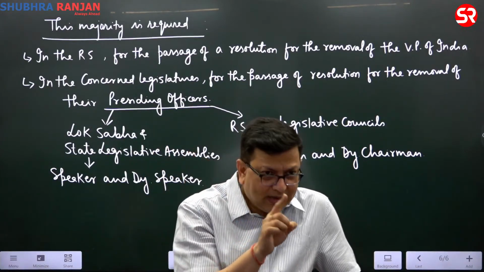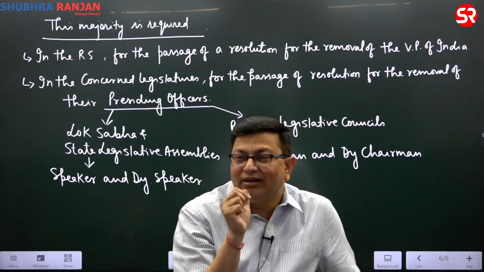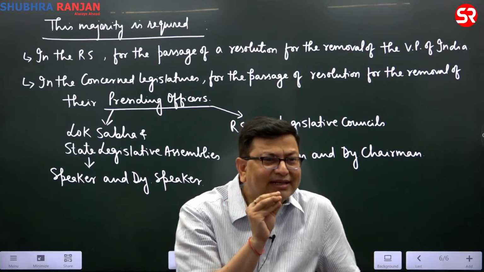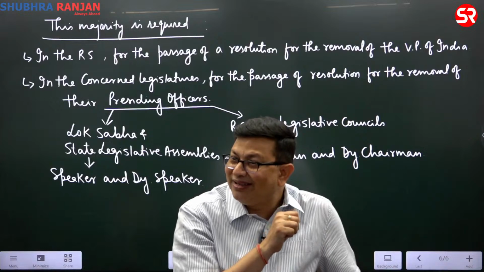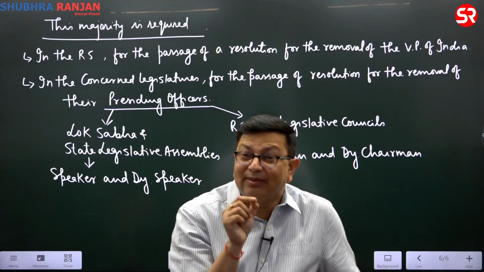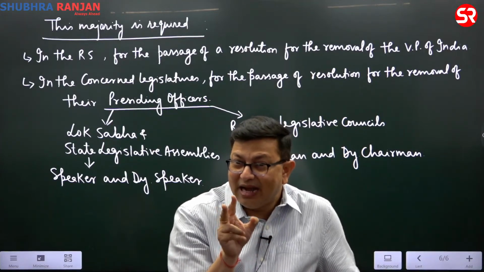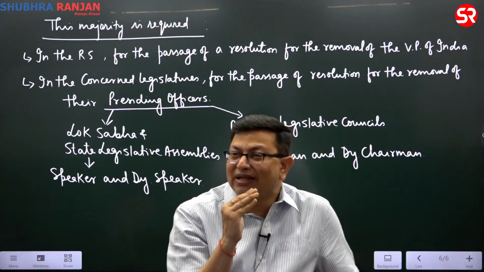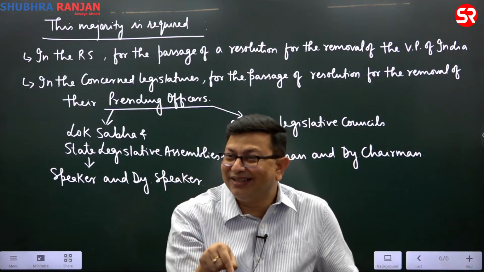This question is important in this year's prelims examination also. Why? Because the speaker of the Bihar Legislative Assembly was removed a few months back when there was a change of government there. No doubt the chief minister remained the same, but he had a coalition with RJD and the coalition failed, and that is why the council of ministers took oath again, but the speaker belonged to the Rashtriya Janata Dal.